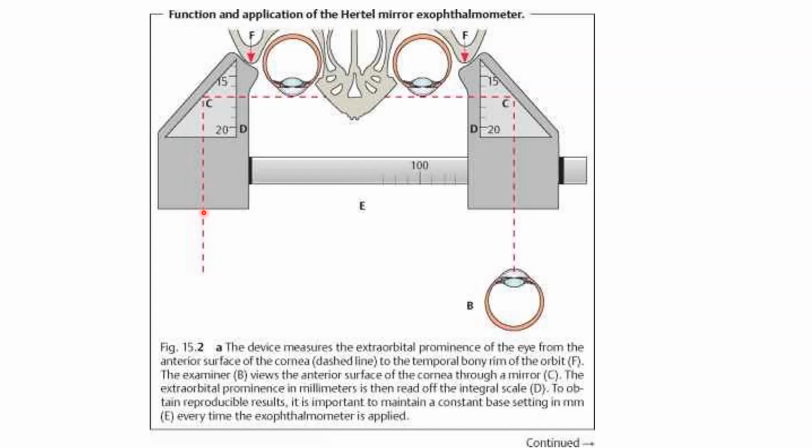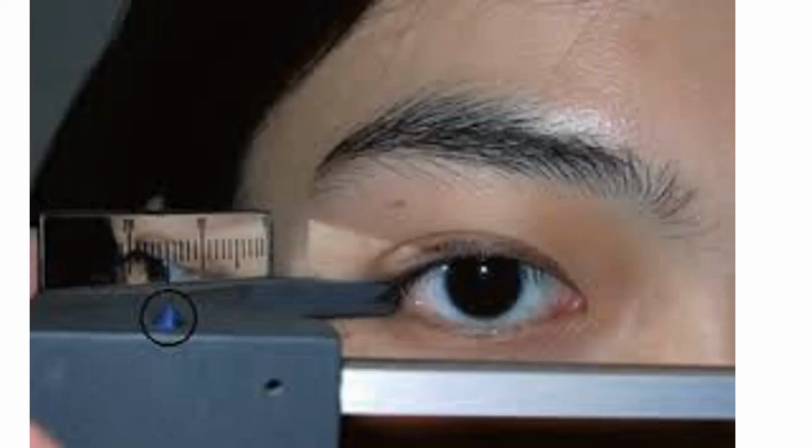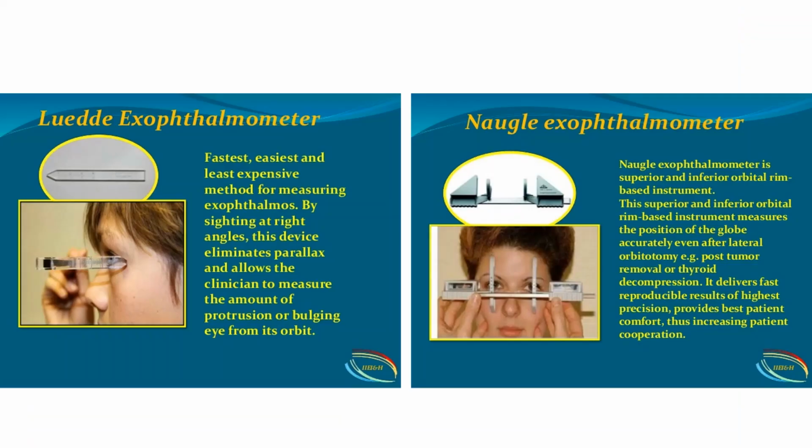This gives us how much the proptosis is in millimeters. This is how we can see the apex, and we can measure it with the Hertel.